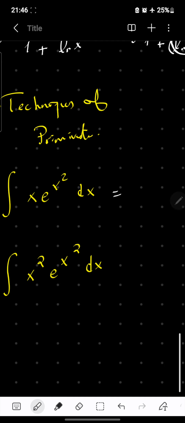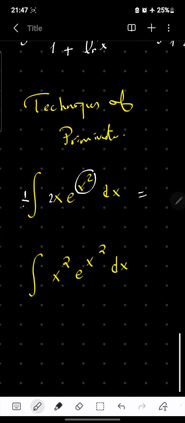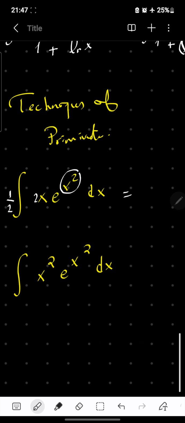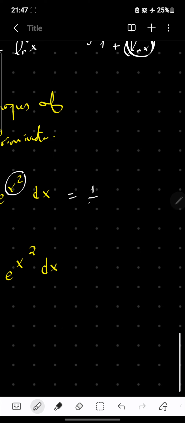The first one is easy because we have an exponential function. The power is x squared, and the derivative of x squared is 2x. Now we have no 2 here, so we multiply by half, and it will be half e power x squared plus c.